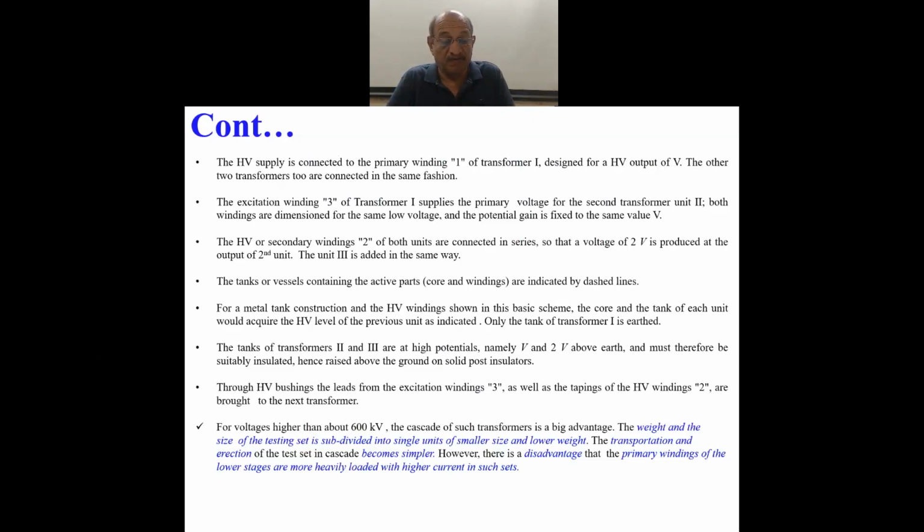Both windings are dimensioned for the same low voltage, and the potential gain is fixed to the same value V. The high voltage or secondary windings number 2 of both units are connected in series, so that a voltage 2V is produced at the output of the second unit, as I showed you.